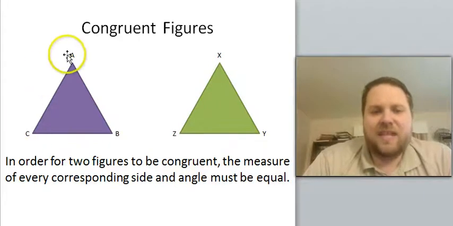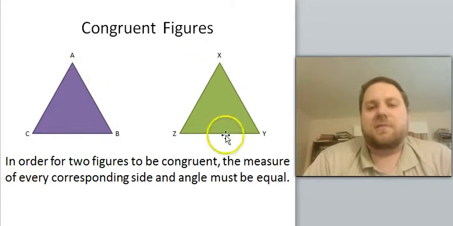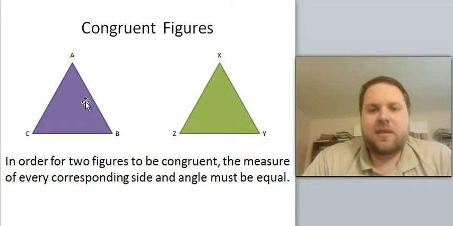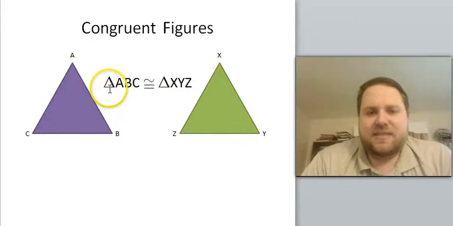Alright, so once we've established that these things are congruent, and we know that some combination of isometries is going to map this one directly onto this one, and we know that all their corresponding parts are going to be exactly equal in measure, we can finally write out that, hey, these things are congruent. So all the statement says is that triangle ABC is congruent to triangle XYZ.